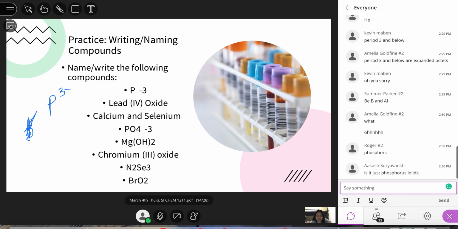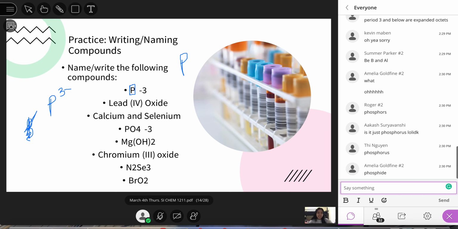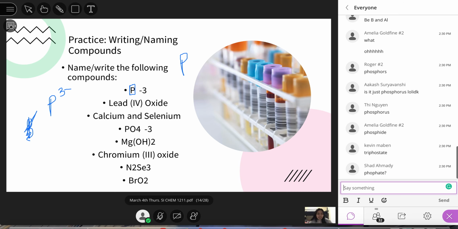What is that called? Phosphorus? Well, it's not just a P, so there's something to it. Because if it was just P, then it would just be that. So what is that actually? It's not on the front, so it's not a prefix. Actually, it's going to be phosphide, and it ends in IDE. So I think Amelia got that one right.